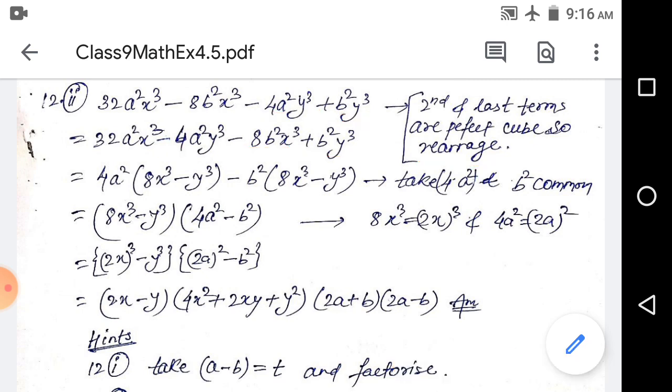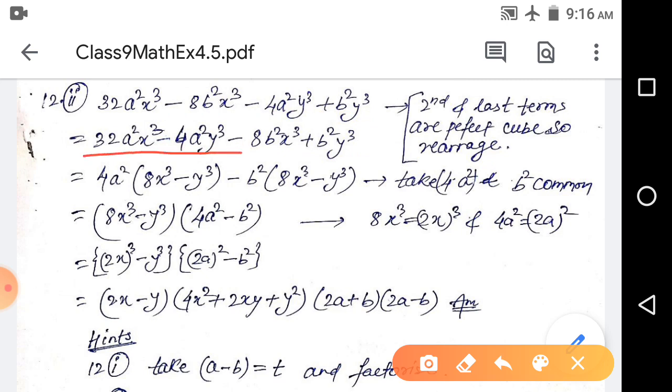Now try to understand that from those two terms we can take 4 as common and a square as common. See, 4a square as common factor is taken out here, so it is 8x cube minus y cube. So this is the difference of two cubes, and here b square is taken common, so it is 8x cube minus y cube.